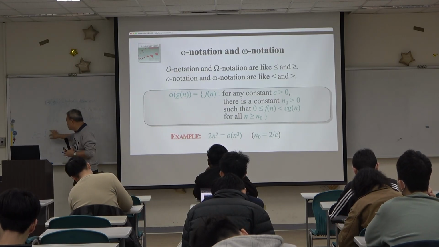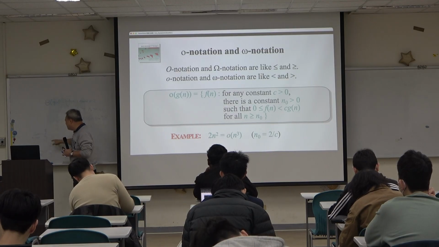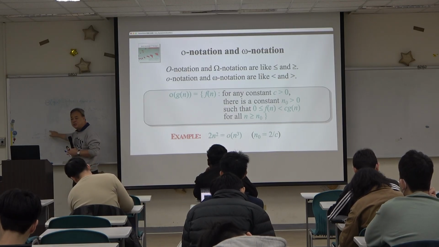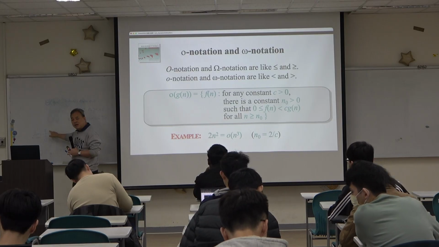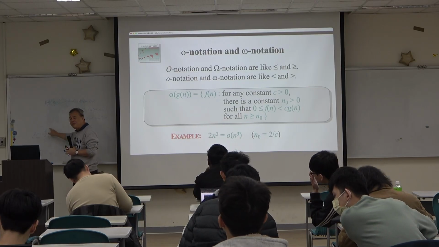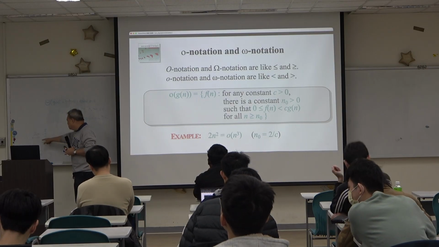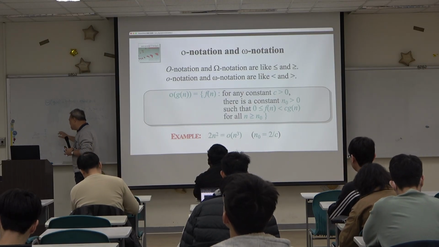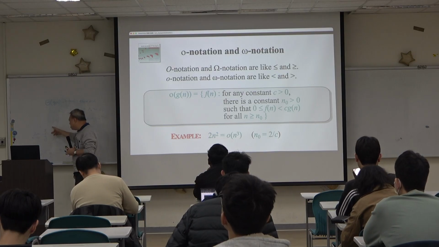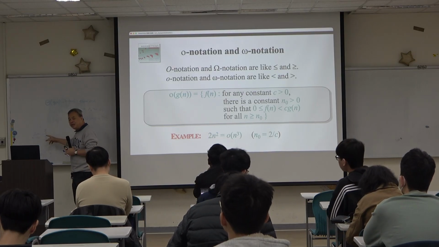When this ratio goes to 0, obviously that means g grows faster than f, right? Then g will be the upper bound for f. And if this thing goes to infinity, that means f grows faster than g, right?